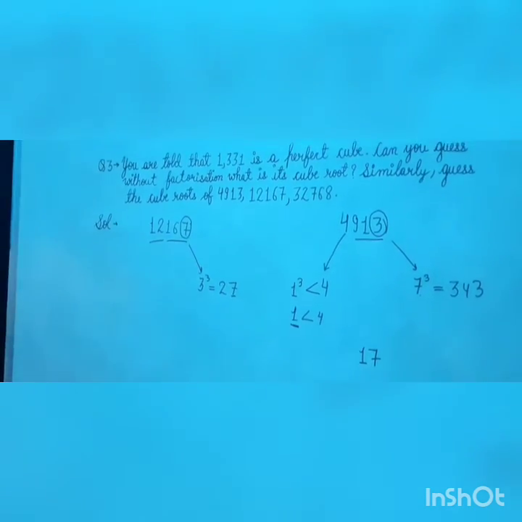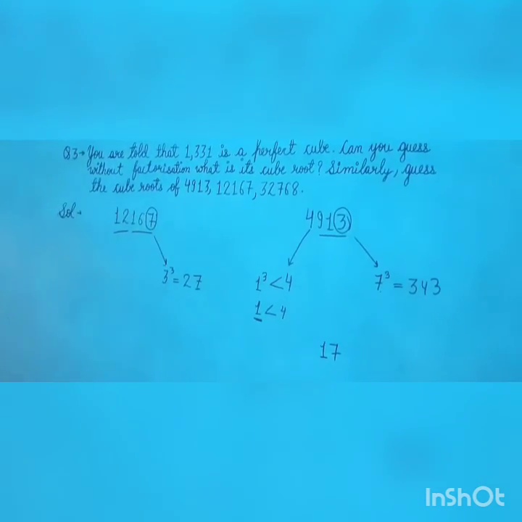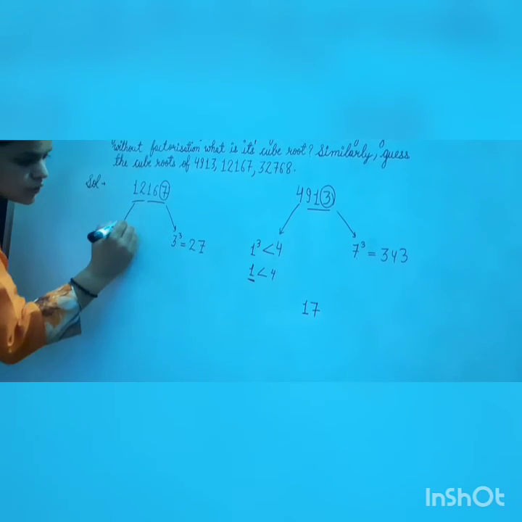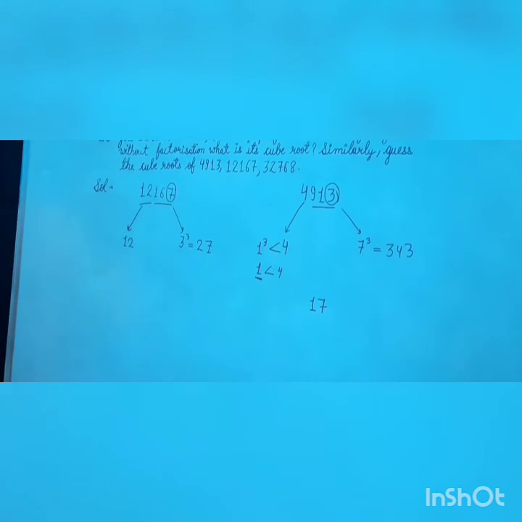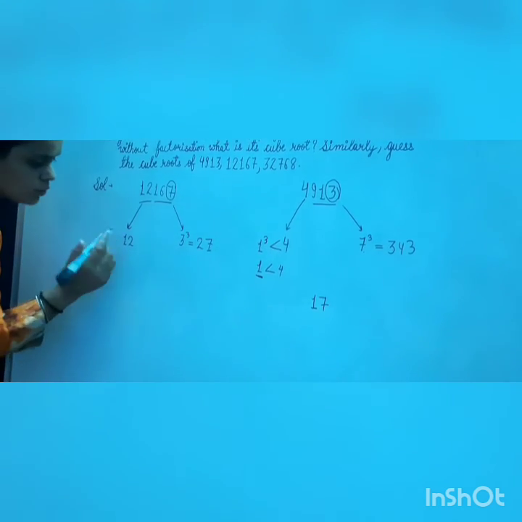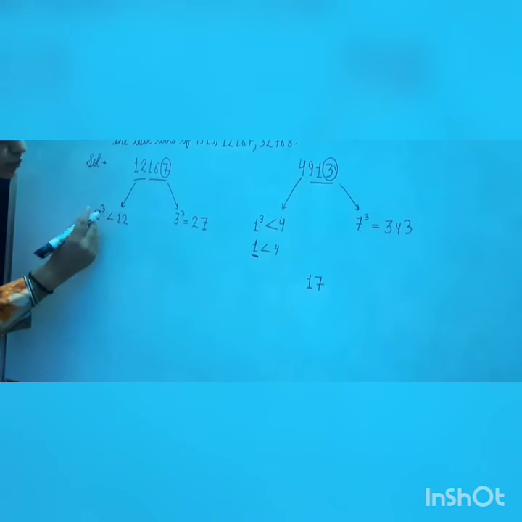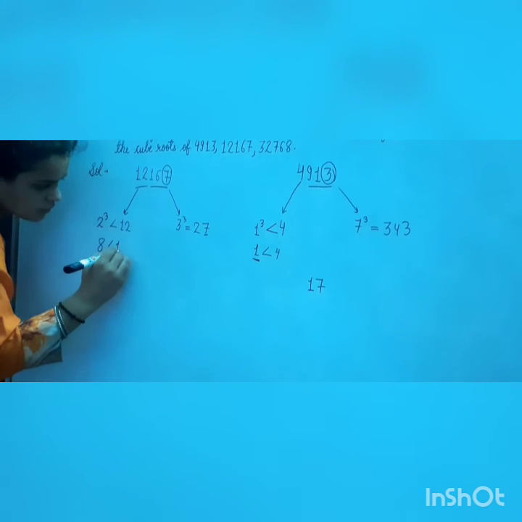Now you take this 12. You see which cube is smaller than 12. It is 2 to the power 3: 2 times 2 is 4, 4 times 2 is 8. 8 is smaller than 12.